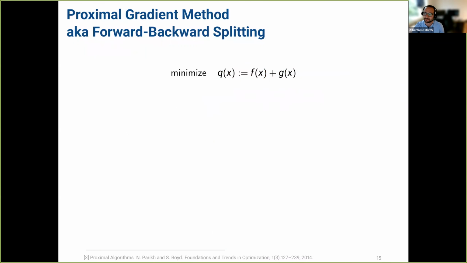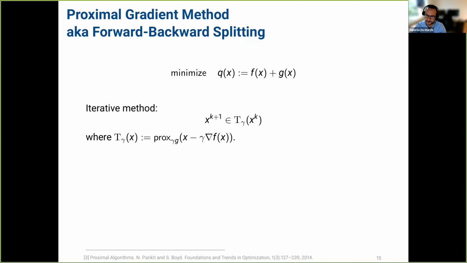Okay, now we have the characterization of solutions, and I will move on to the algorithms, using our oracles. For this problem, usually we use the proximal gradient method, which is a combination of proximal method and gradient method. We use this operator I introduced before, T gamma, and it is just a fixed point iteration.